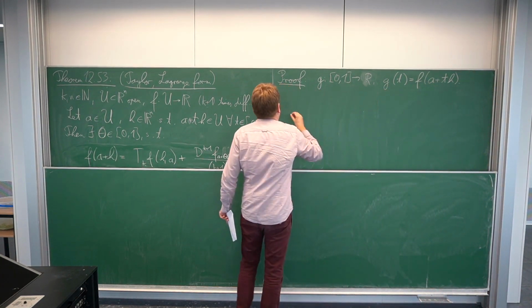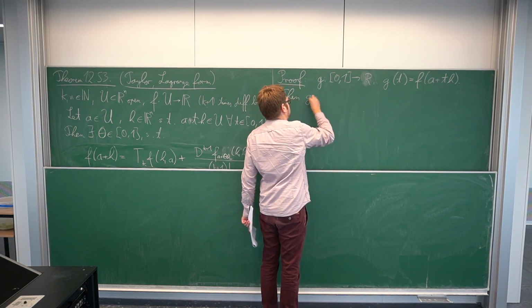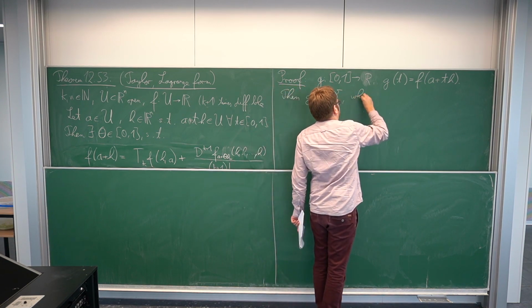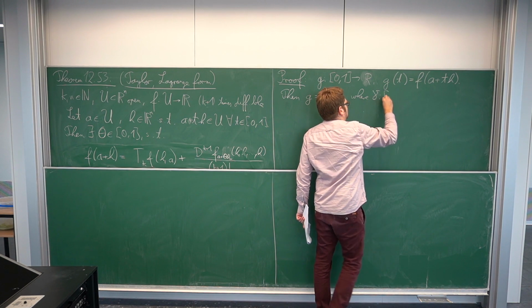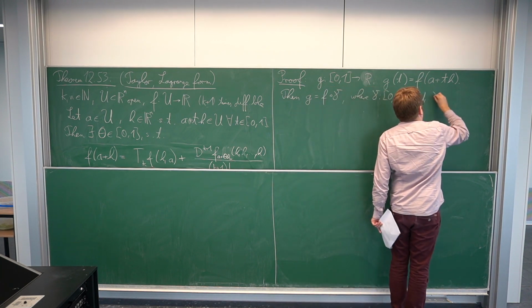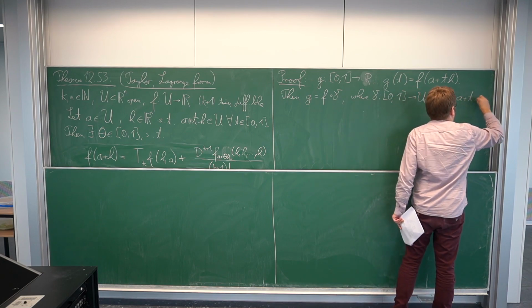To relate this to the derivatives of f, we can write g as the composition of f with gamma, where gamma from [0,1] to U is the map gamma of t equals a plus t h.